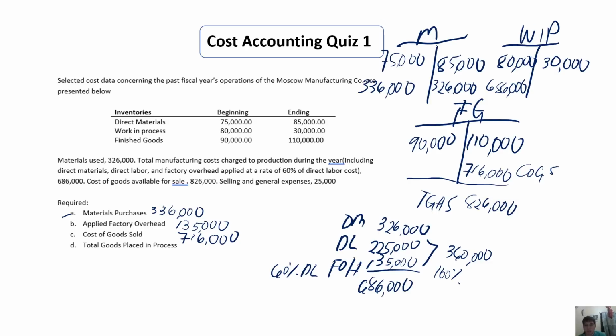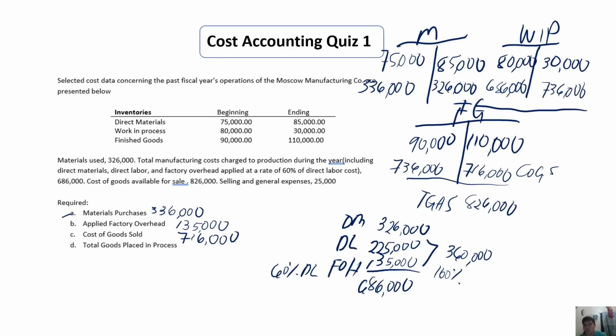The total goods placed in process, paano yung makukuha? Kuhain muna natin yung cost of goods manufactured. To get the cost of goods manufactured, COGAS minus beginning inventory. The result will be 736,000 pesos. Paano nakuha yung 736? 826 minus 90,000 pesos. Ayan yung itatransfer mo dito na 736,000 pesos.